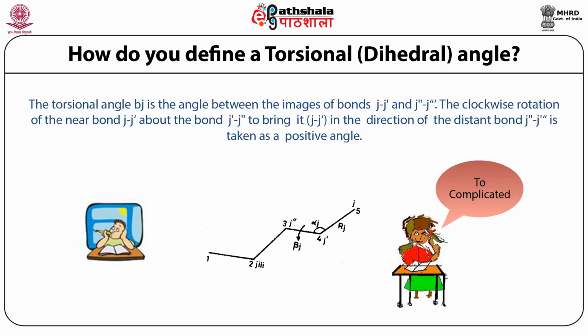The clockwise rotation of the bond, which is the near bond jj', about the bond j'j2', to bring it, that is jj', in the direction of the distant bond j2'j3', is taken as positive direction.